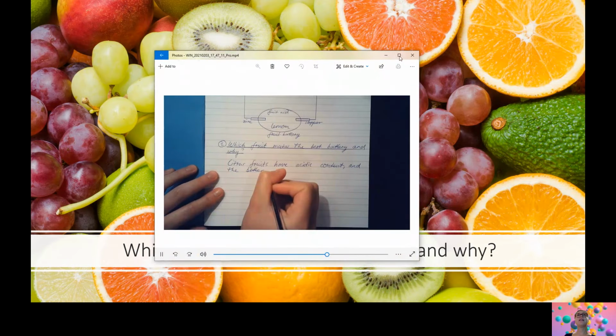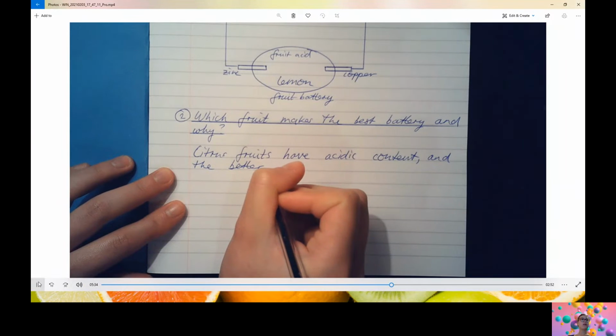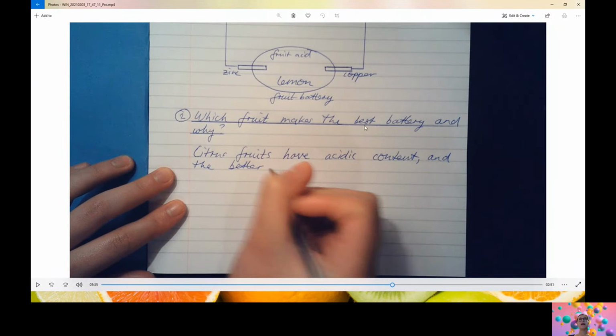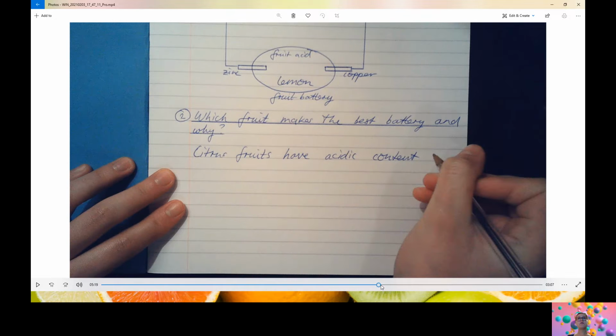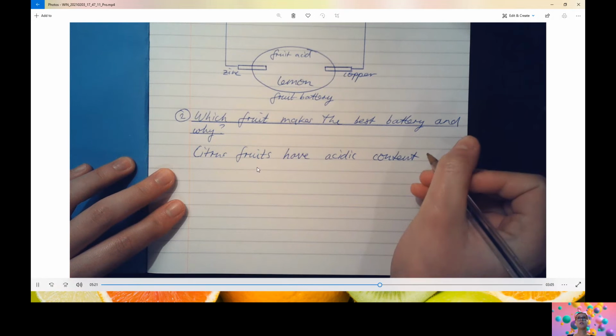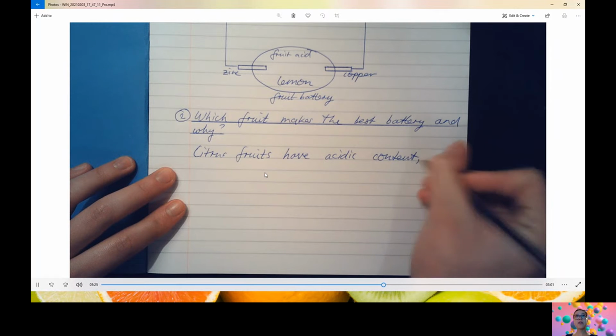Right, I have modeled it in this video here. Which citrus fruit makes the best battery and why? Please underline it using a ruler. Okay, citrus fruits have acidic content. We know that.